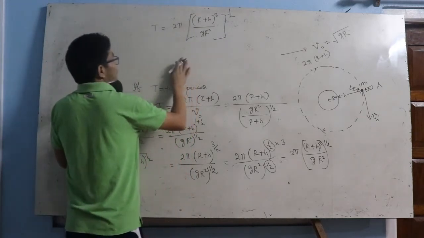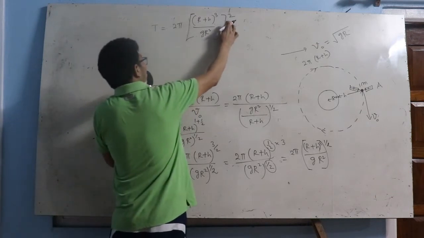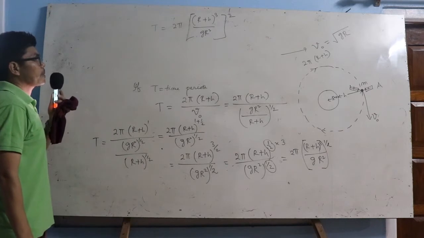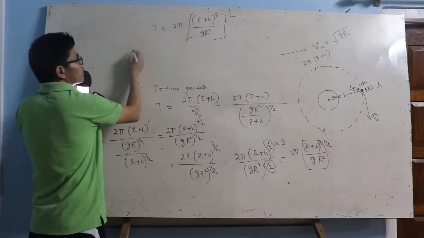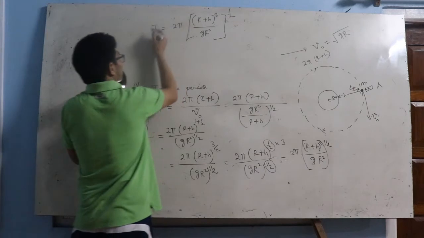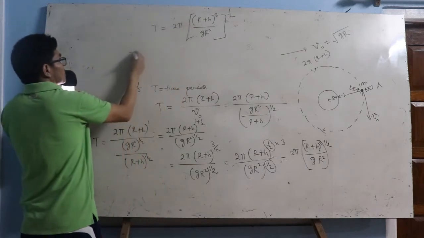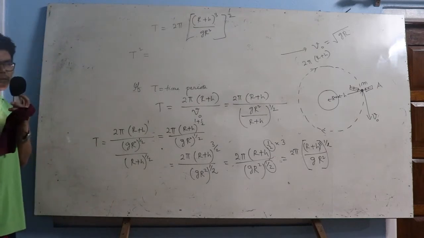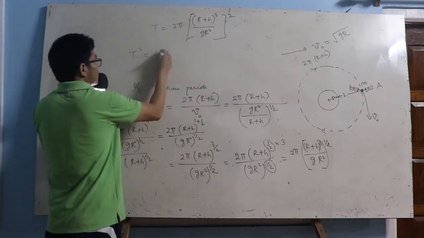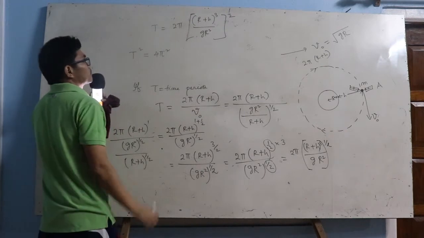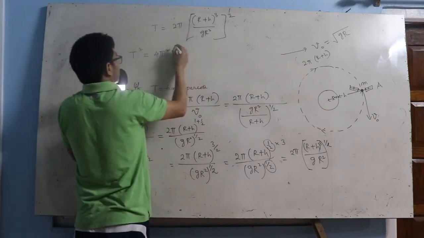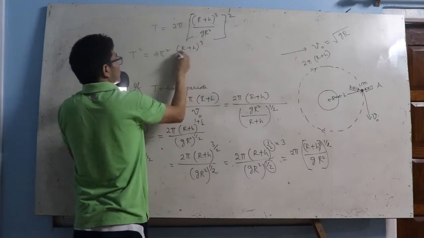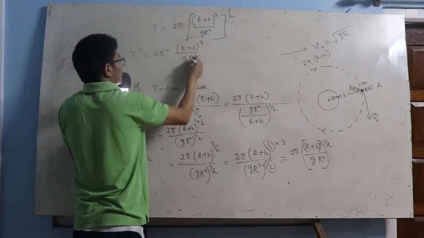So now, let us try to remove this square root. To remove the square root, let us just do squaring on both sides. T squared is equal to, if we do squaring on both sides, 4 pi squared will come, and this will be disappearing now. So we can write (R plus h) cubed divided by gR squared like this.